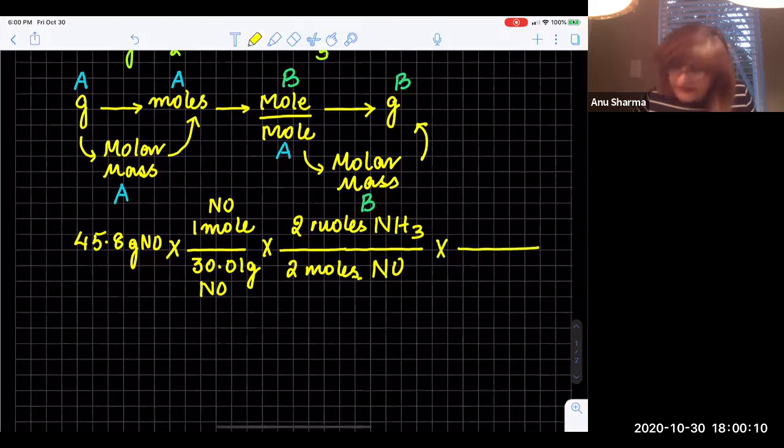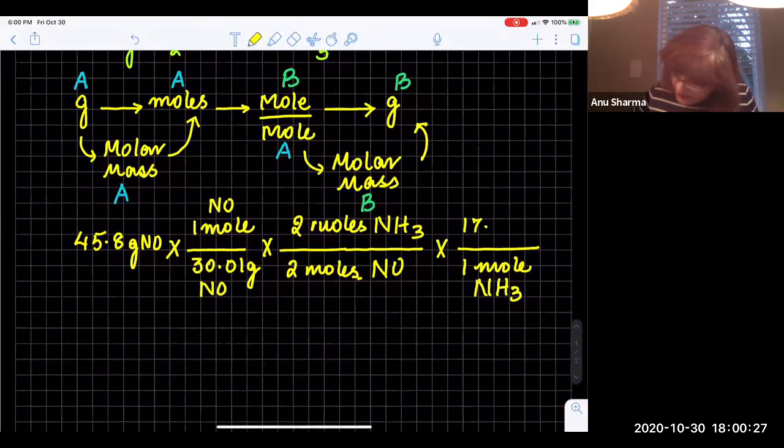Next, the question is asking clearly how many grams of ammonia can you produce? So now you're going to put 1 mole of ammonia in the denominator, because you want to cancel out those moles of ammonia, and you're going to put the molar mass of ammonia, which is 17.04.